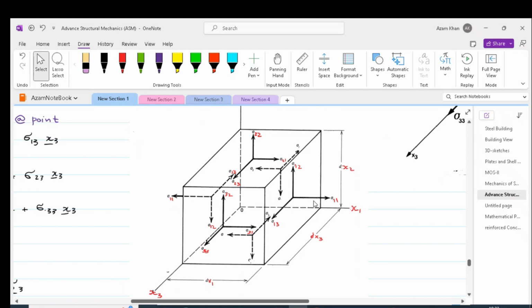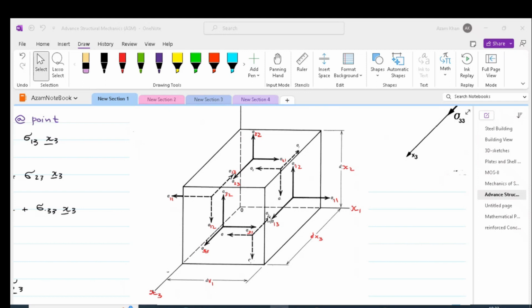All these stresses can be multiplied with the respective area of the face to get the surface force. Similarly, this volume would have some body force, and that body force would be represented by the product of the components and the volume of the element.